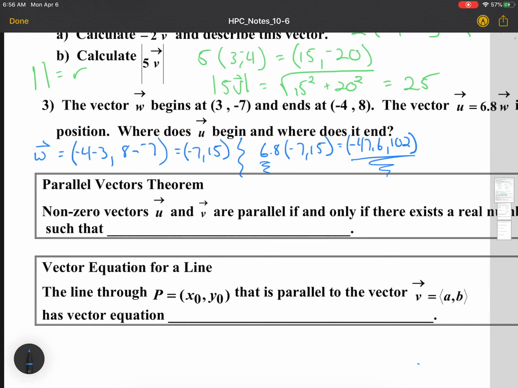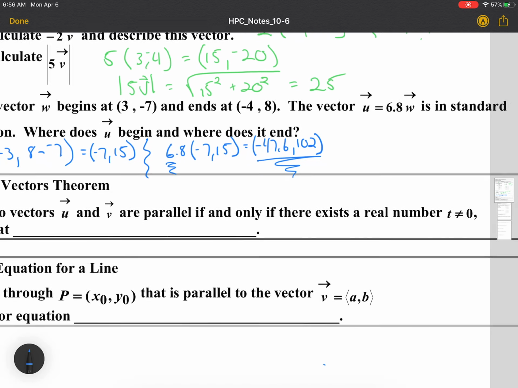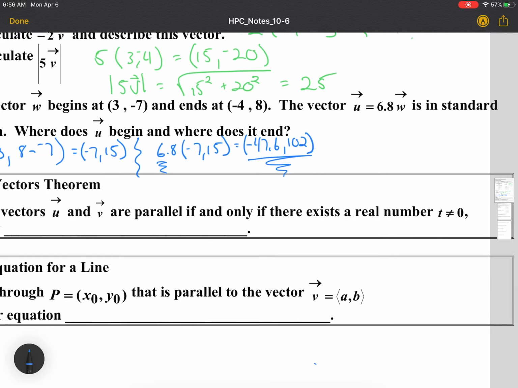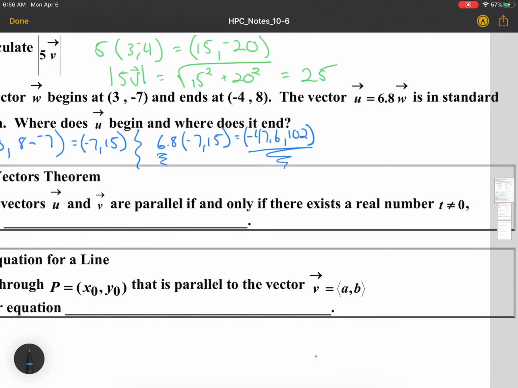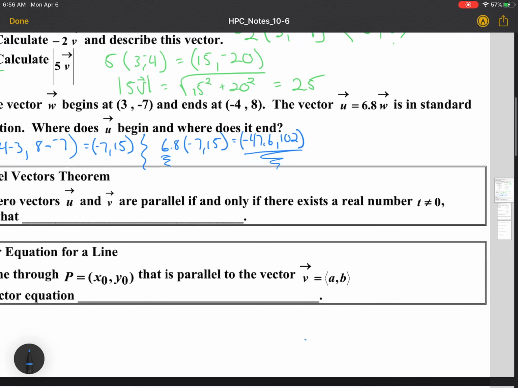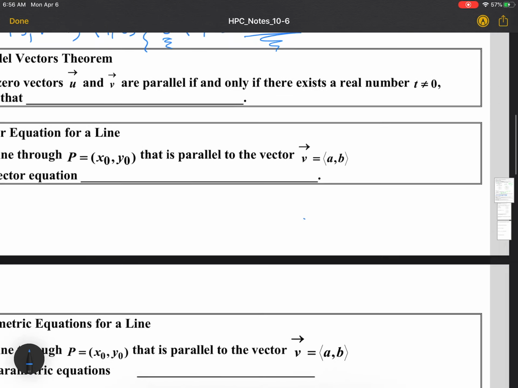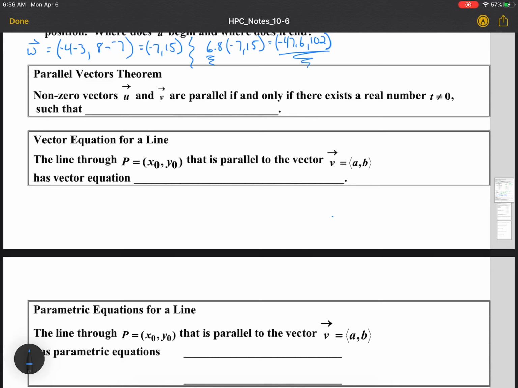So we converted our w to standard form, we used the equation they gave us with u that says 6.8 times w is u, and it gave us our standard position u vector. So that's the answer. Now this is going to give us some more equations to use as we go forward.